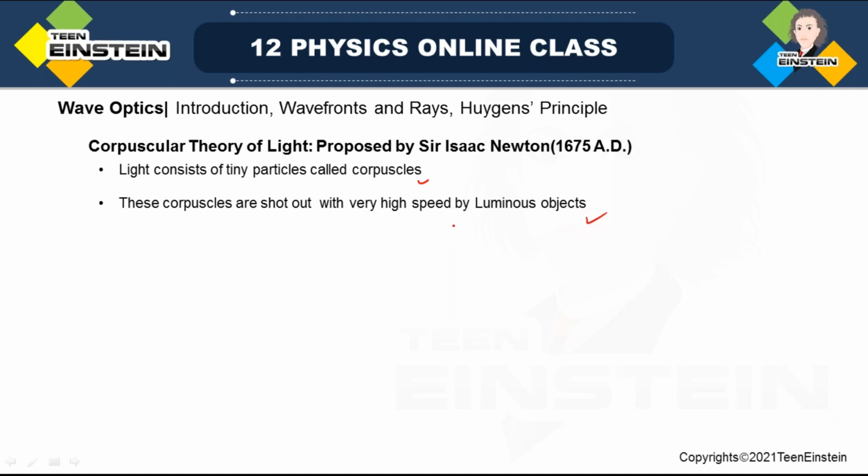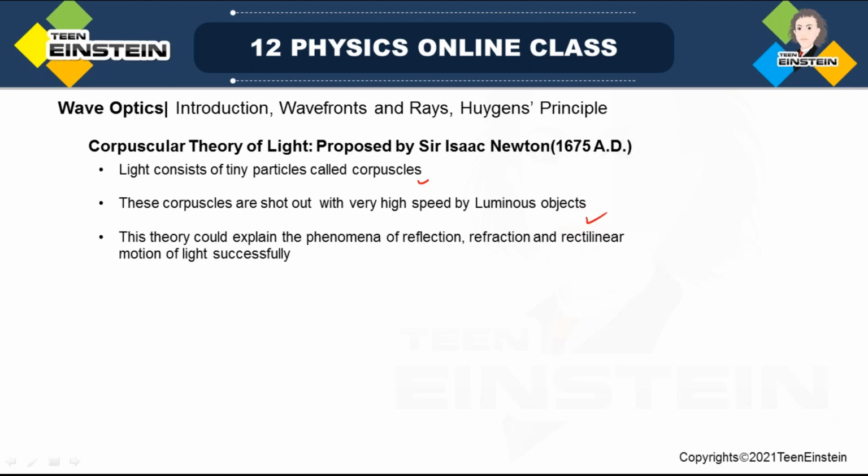And with this model, we could explain phenomena like reflection, refraction, rectilinear motion, etc. And we have seen we could explain the working principle of lenses, telescope, and other instruments.